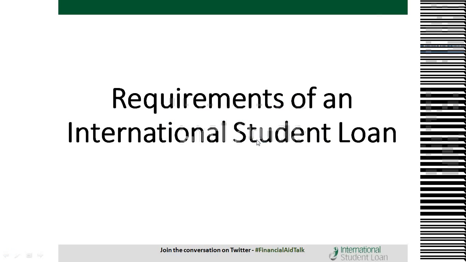You can borrow up to the full cost of your education minus any other aid that you've received, like scholarships, as we mentioned before. So after you've done that, that's kind of the hard part, and that really gets you started and on your way to your international student loan.